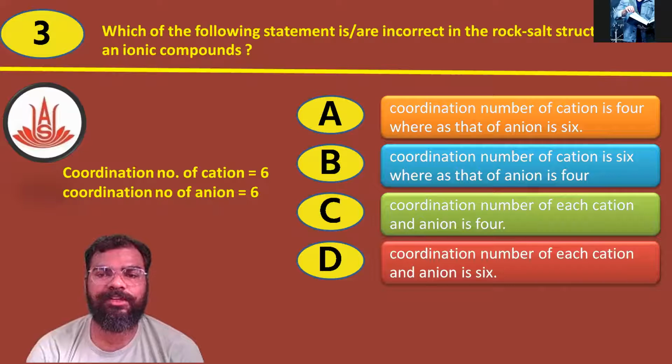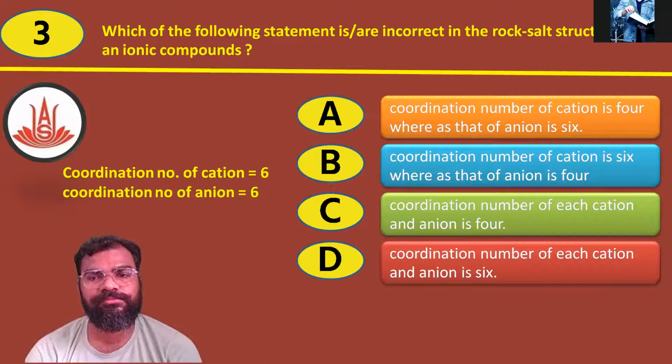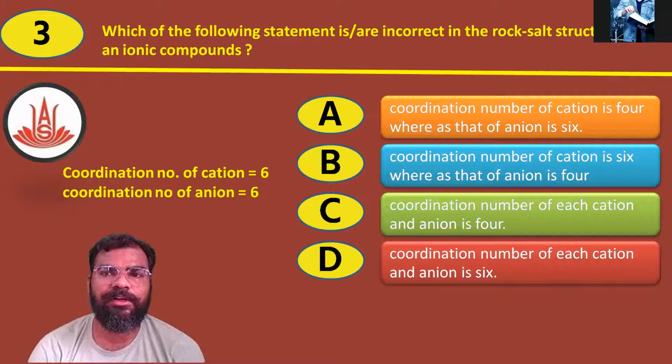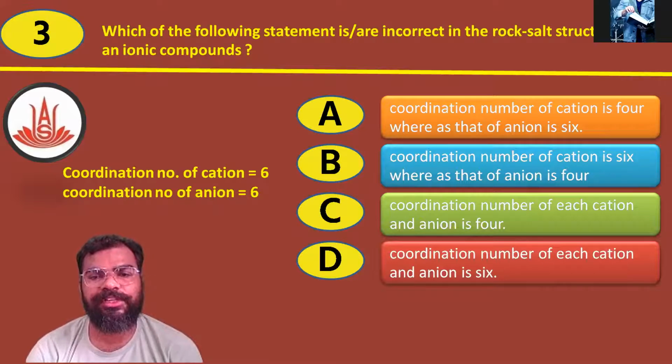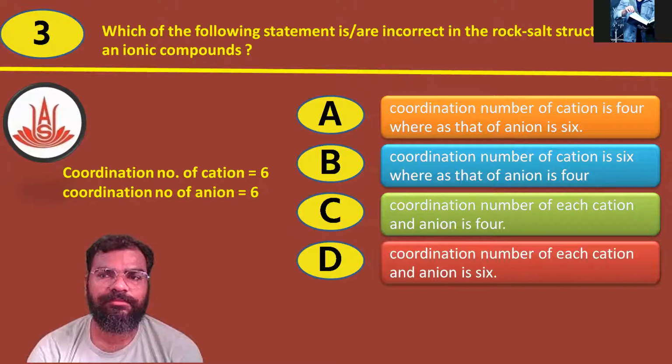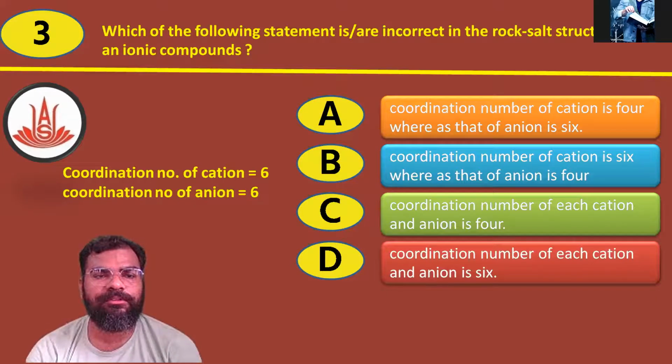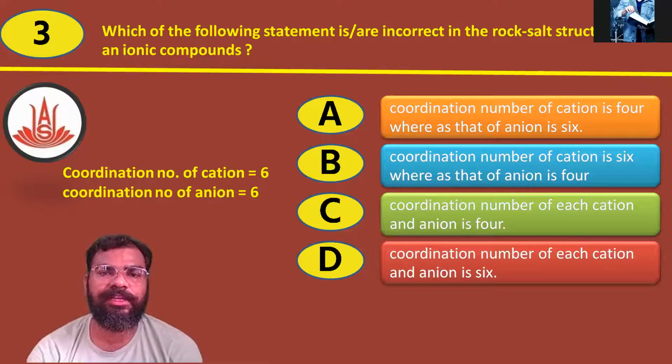Second option: coordination number of cation is 6, whereas that of anion is 4. Third option: coordination number of each cation and anion is 4, whereas the fourth option: coordination number of each cation and anion is 6. So the coordination number of cation is 6 and the coordination number of anion is 6. Option D is the correct answer for it. We have to find the incorrect ones for rock salt.